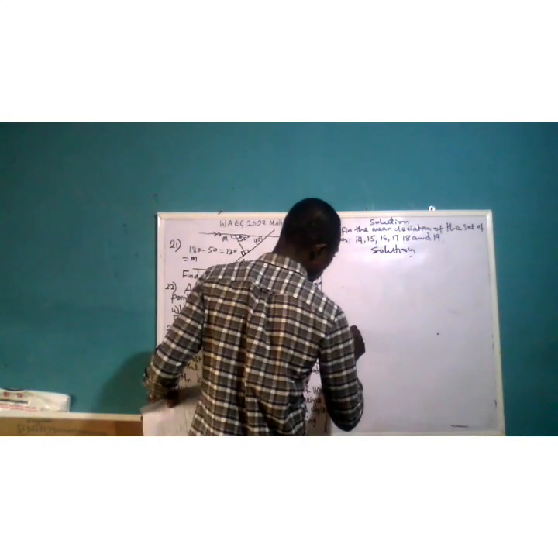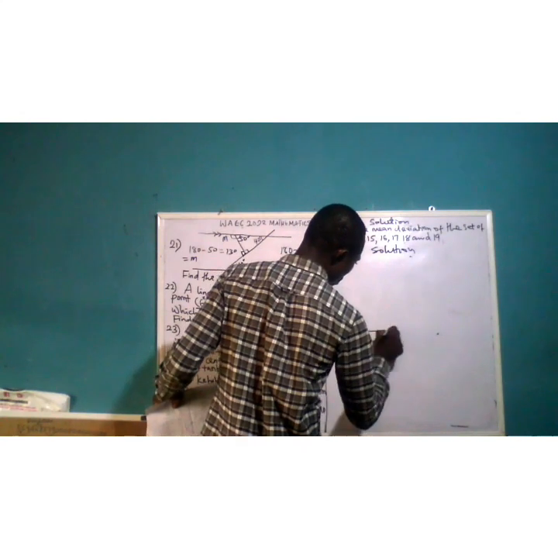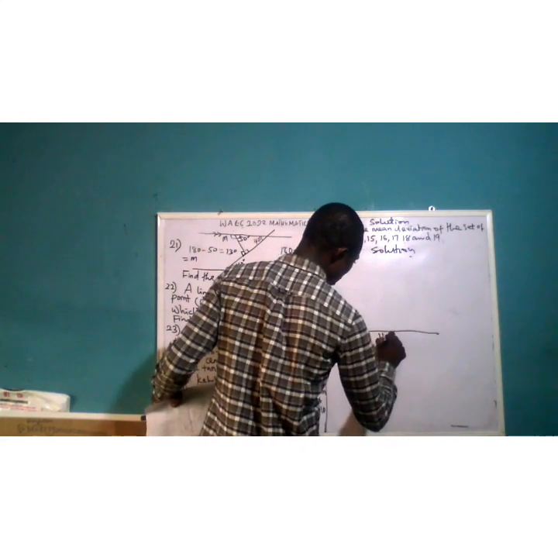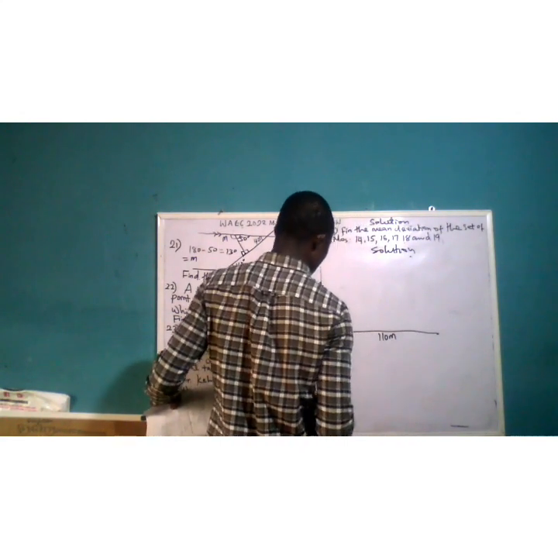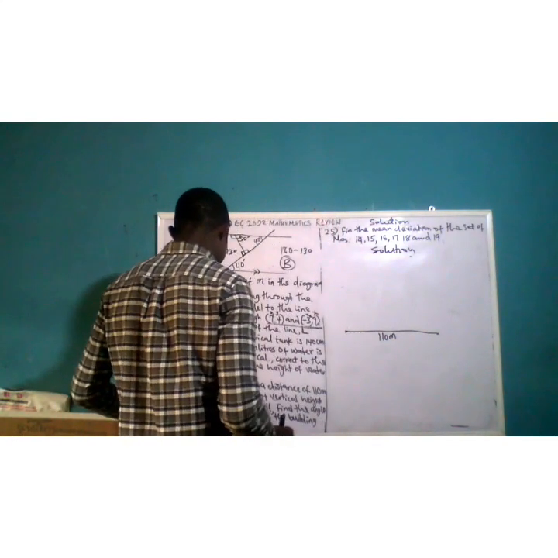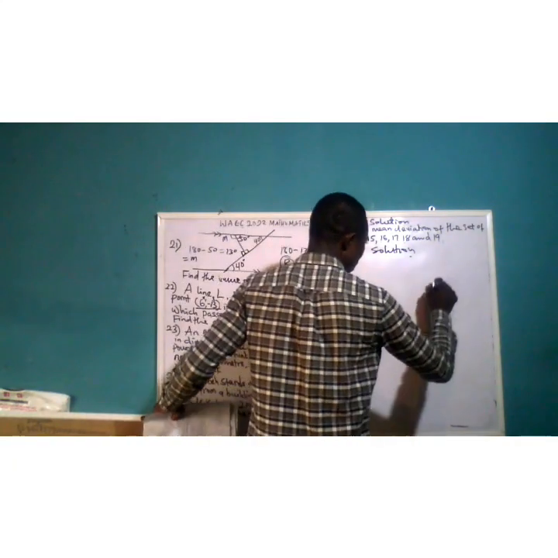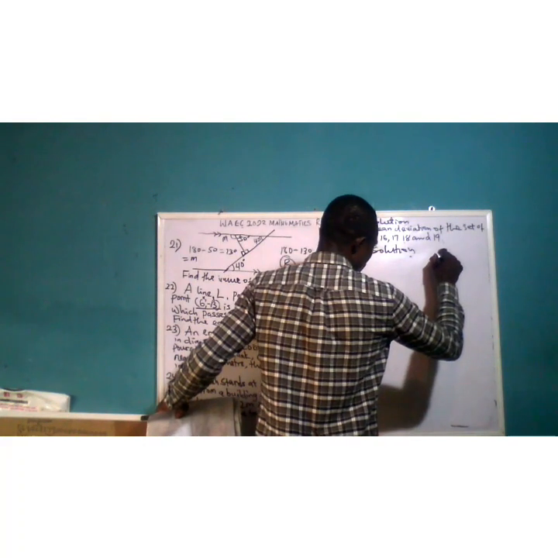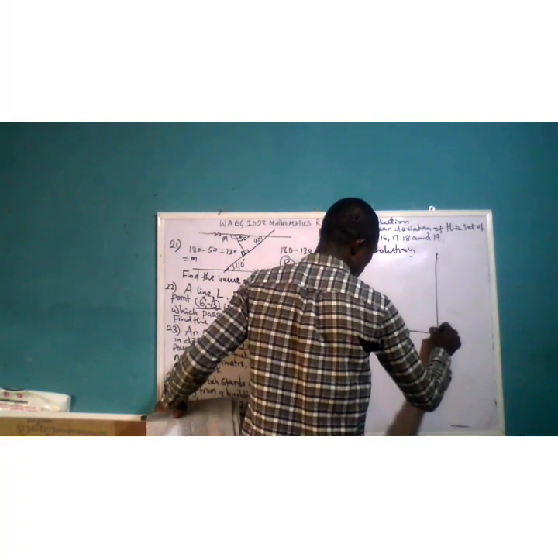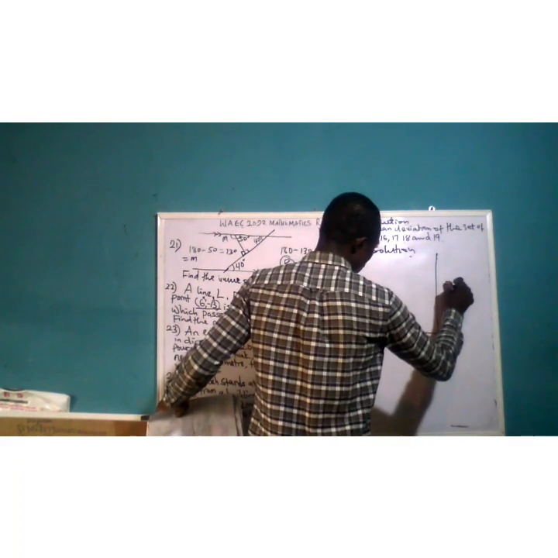The distance between the building and Mr. Kepe is given to be 110 meters. And we are told that the building is 58 meters tall vertically.